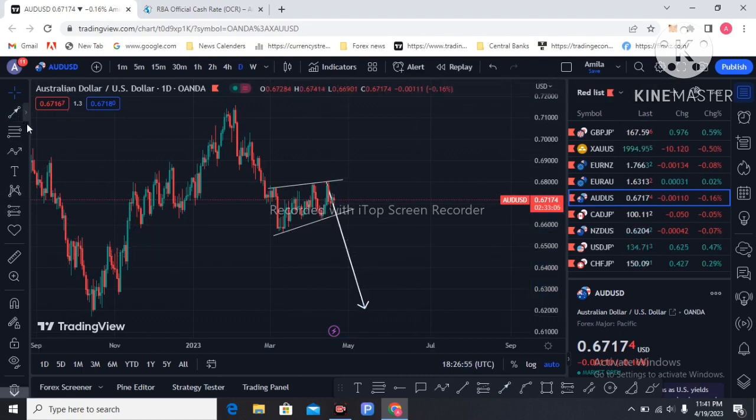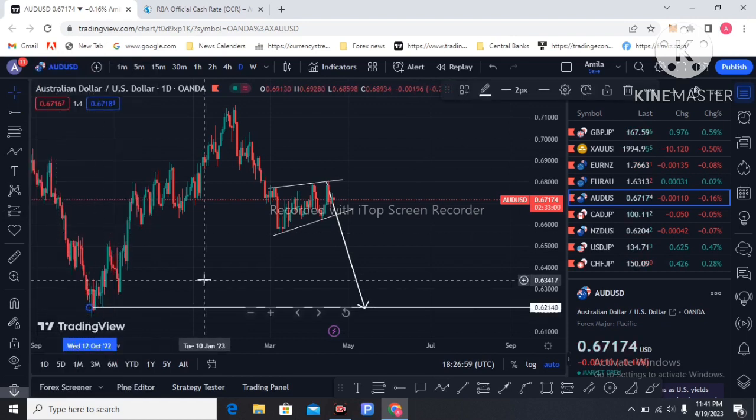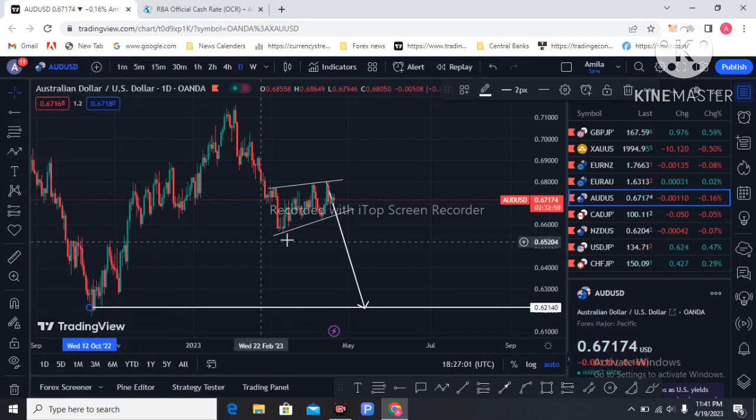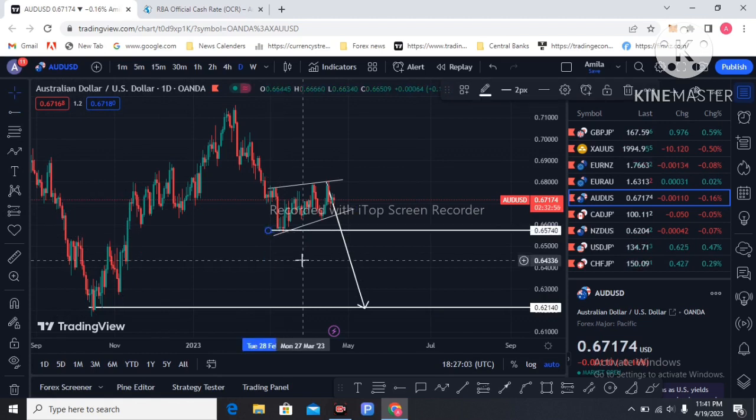So that's the long term. My target is the level below. That's the long-term target. Your short-term target is there. That's the trade I am seeing on AUDUSD. So it is a long-term sell opportunity.